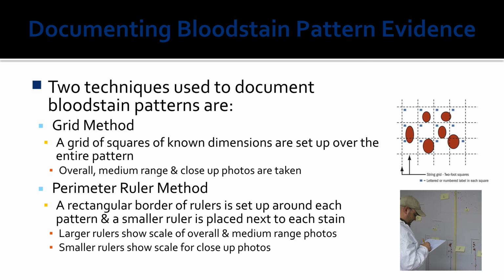The larger ruler shows the scale for overall and medium range photos, and the smaller rulers show the scale for the close-up photos. Some investigators may also use tags in close-up photos to show evidence numbers or details. Area of origin determination can then be calculated when the circumstances of the case warrant, which sometimes they're not always needed. Sometimes it's pretty obvious.